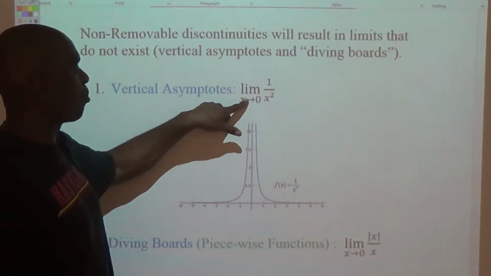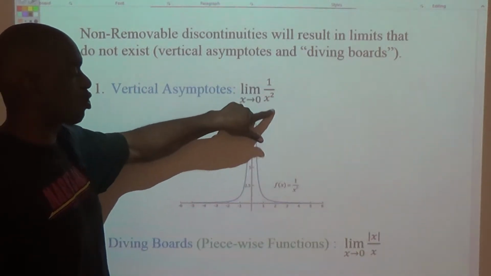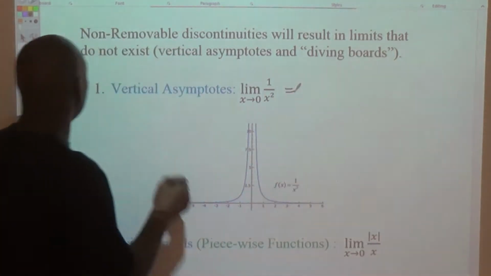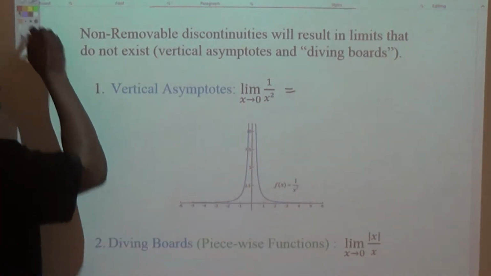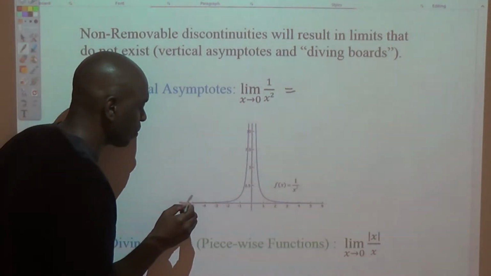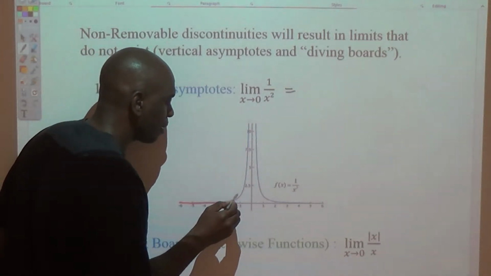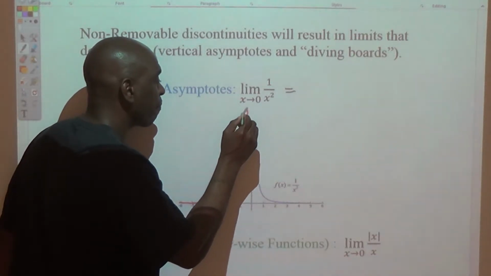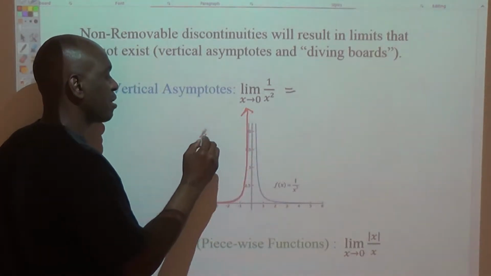The limit as x approaches 0 of 1 divided by x squared. Well, what does that equal? Notice this. As I come in from the left side, I go to positive infinity.